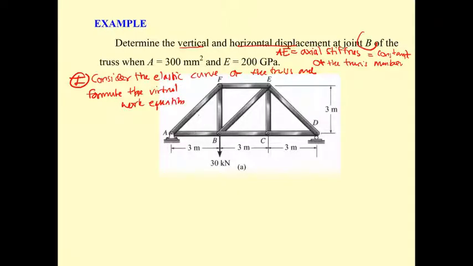That's the first step. This one is going to be what? This is B, right? This one we form less, and this one may have moved here due to the application of 30 kilonewton. So this one also moves here, this one also moves here.